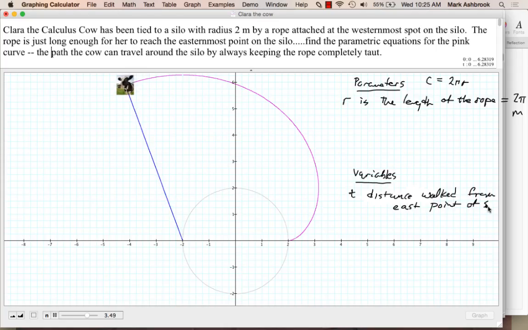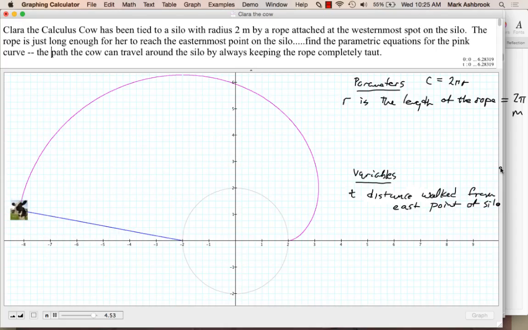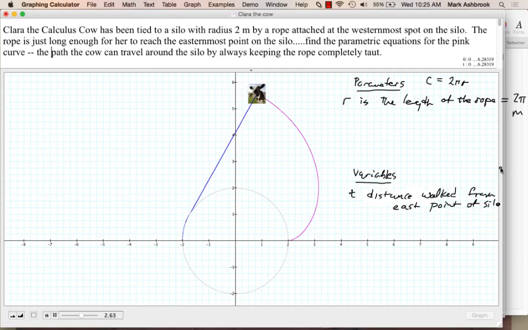Is it a variable? Yeah. Okay. And it has a domain. And that domain would be from what? 0 to the length of that pink curve would be all the possible values of t. So the length of the boundary she's walking there would be the maximum value, and then 0 would be the minimum value.